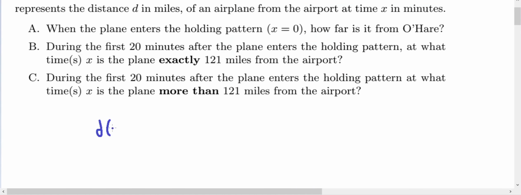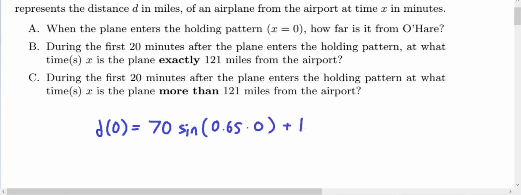We need to do d of 0 equals 70 times the sine of 0.65 times 0 plus 160. Step by step, we have 70 times sine of 0 times 0.65 is 0, plus 160.